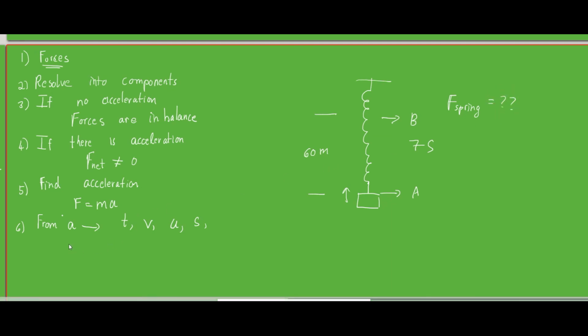So basically they have given you all this information over here. You first find out the net force. After finding the net force, you know that they're not in balance, and you don't have to resolve it. So over here your weight is acting downwards and the spring is pulling it upwards. So your net force is going to be what? Spring minus weight.